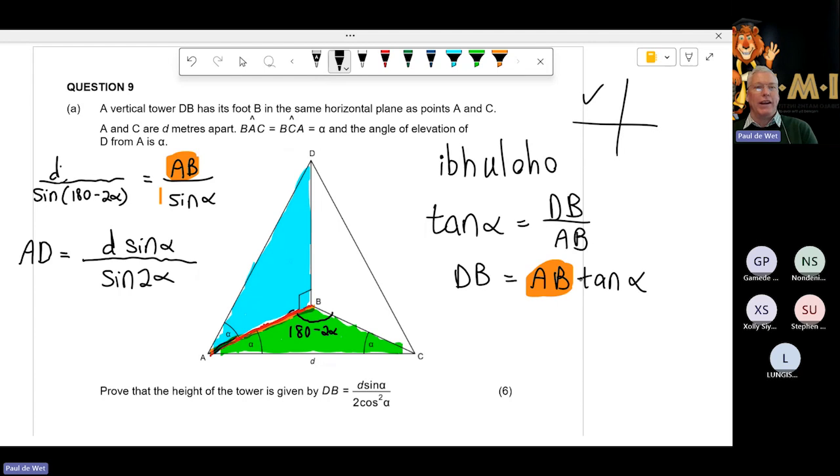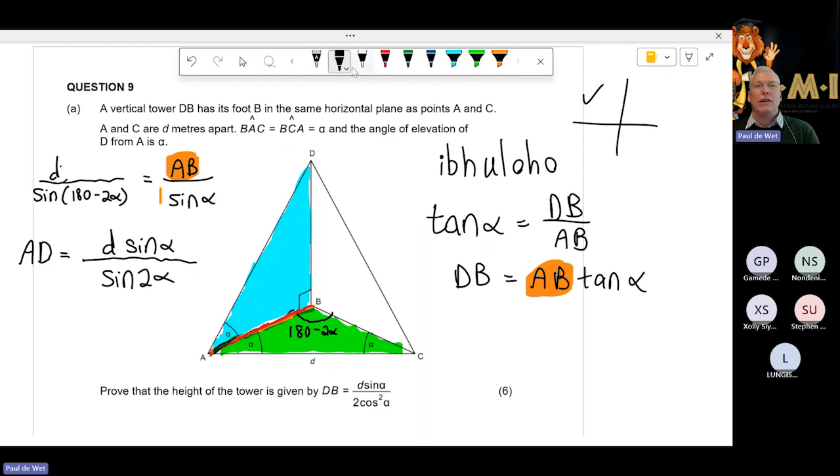Sine alpha is equal to dB over AB, which I've got here. AB is equal to dB over sine alpha. So AB is dB over sine alpha, sorry, this is AB.